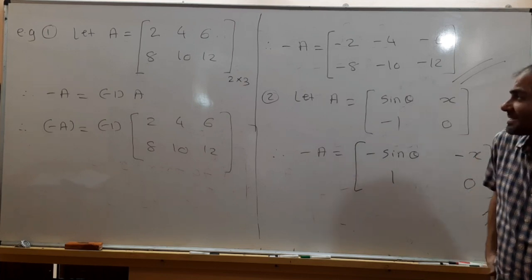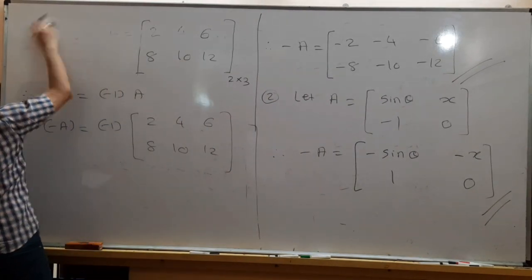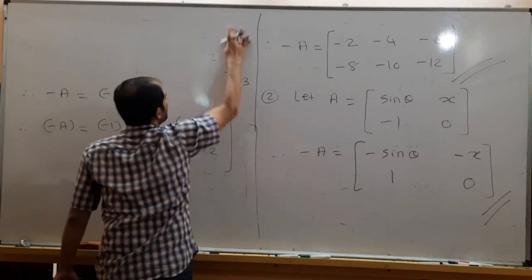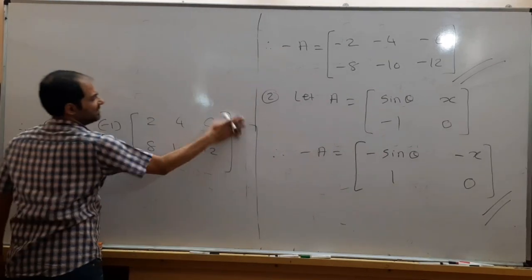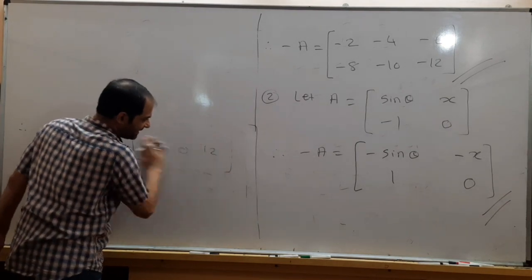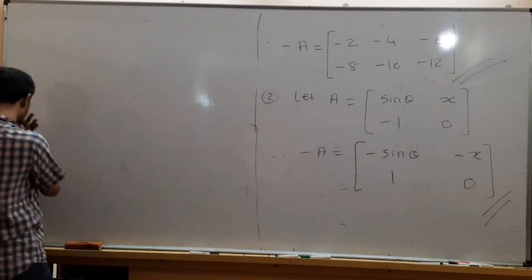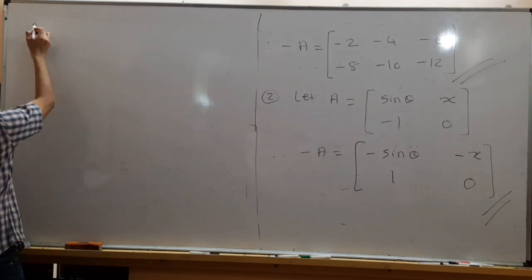Now see, it's simple. I will not drag it. It is same as addition of A and B. But during addition of two matrices, we added corresponding elements. What here we have to do is the subtraction of the corresponding elements.